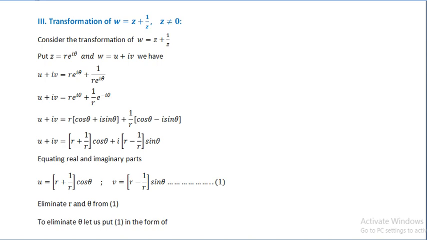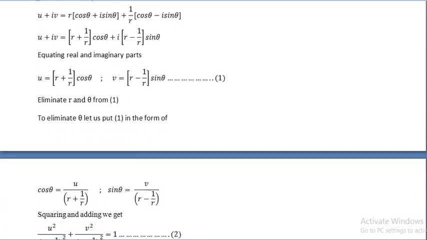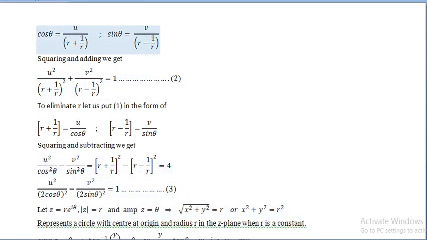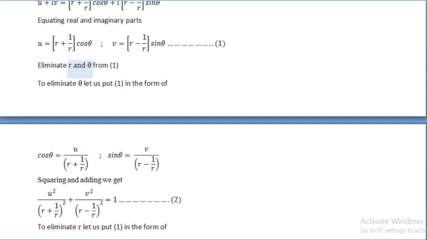Now in equation number 1 we eliminate the r and θ terms. For eliminating θ, we write equation 1 as cos θ = u/(r + 1/r) and sin θ = v/(r - 1/r). We express the u and v terms in this form.